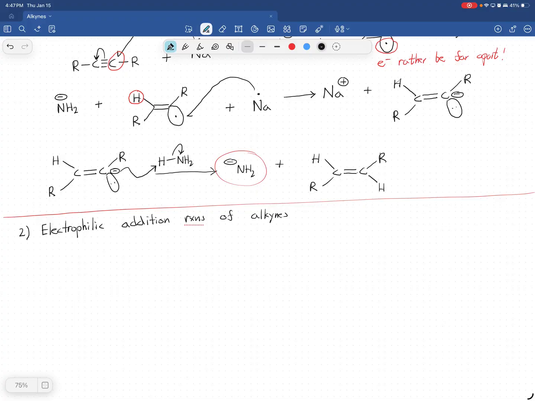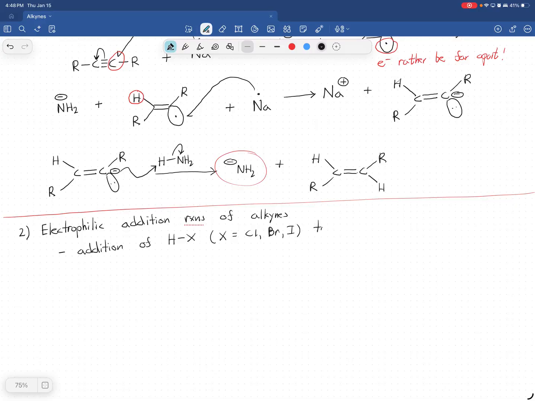We had an alkene, right? And what did we add to that? So let's recall this. Addition of HX. X in this case, let's just keep it simple: Cl, Br, and iodine. All right.